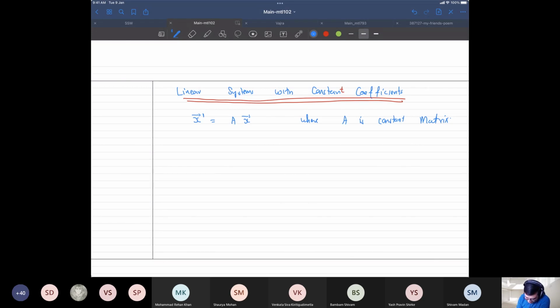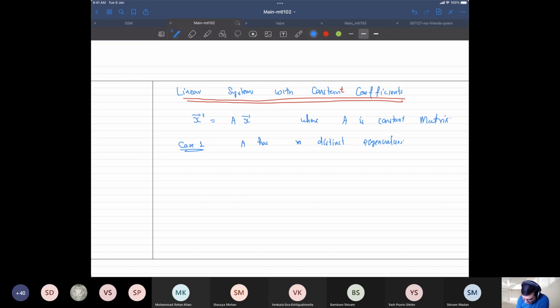There are three cases. Case 1, A has n distinct eigenvalues. In that case, the solution is trivial, more or less.